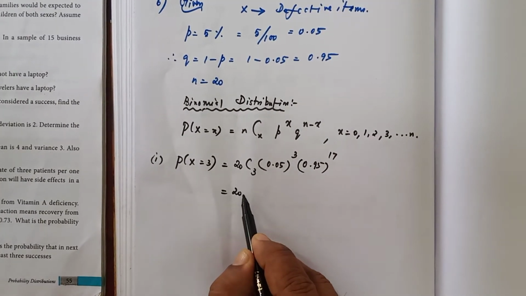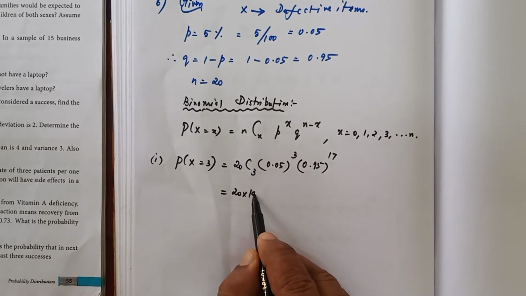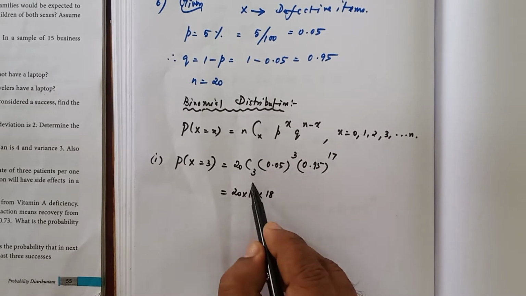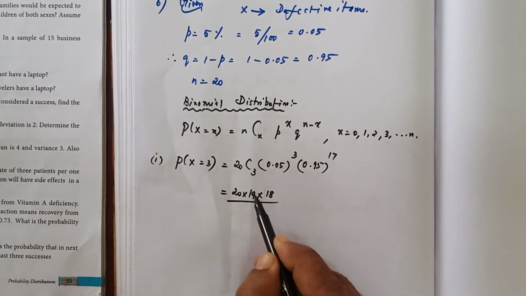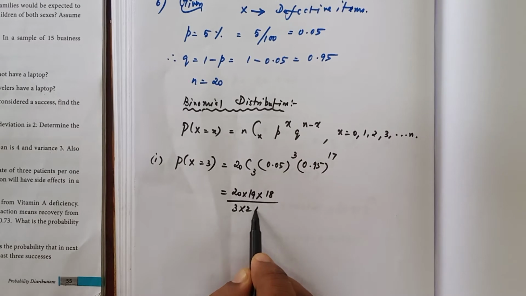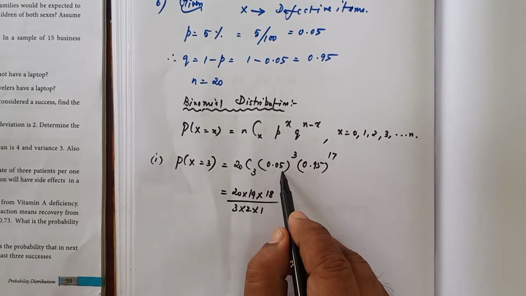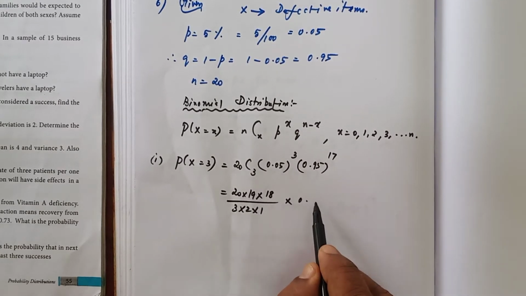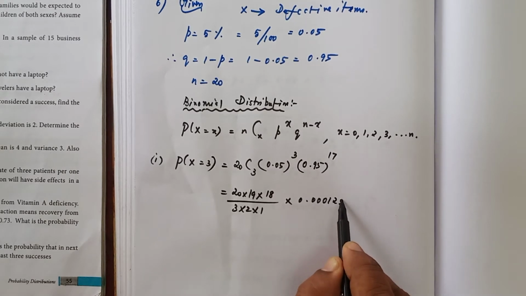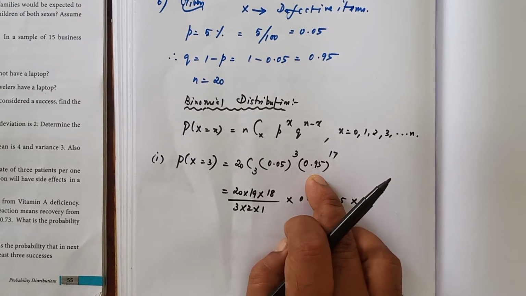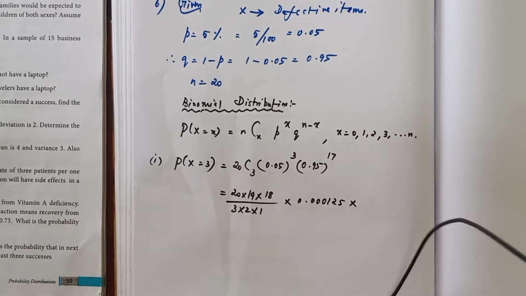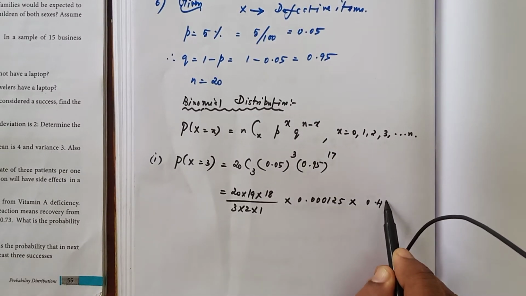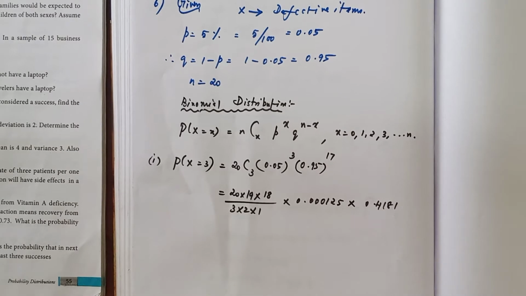Start with the 20 and keep on reducing by 1: 20 into 19 into 18 only, because we have 3 in the suffix, so 3 numbers in the numerator. Since we have 3, write 3 factorial, 3 into 2 into 1, into 0.05 power 3, that is equal to 0.000125, into 0.95 power 17, meaning you multiply 0.95 seventeen times. If you multiply, you will get 0.4181. You can do it on the calculator.